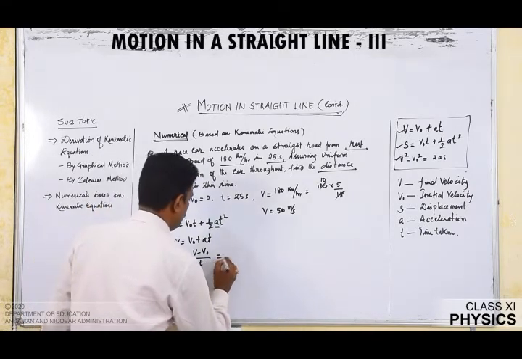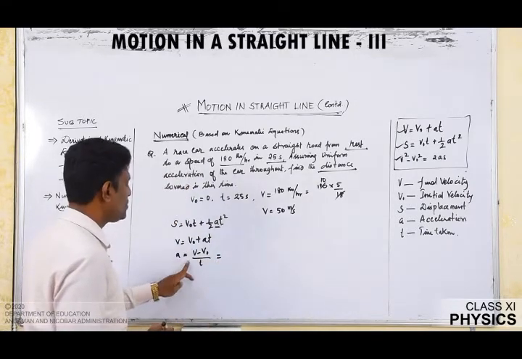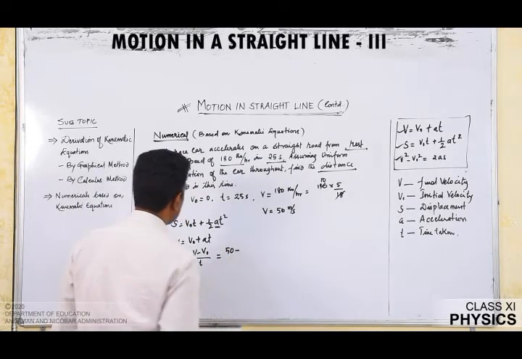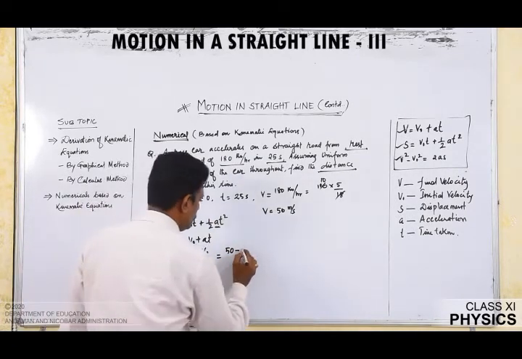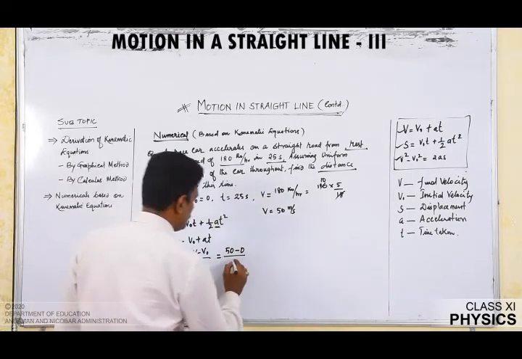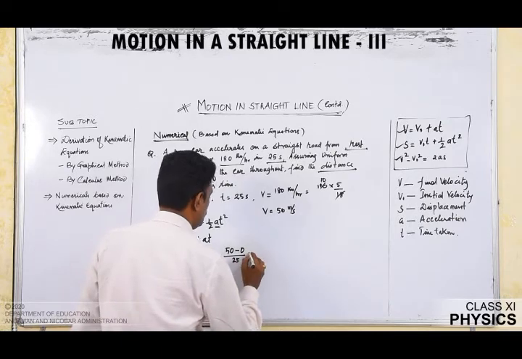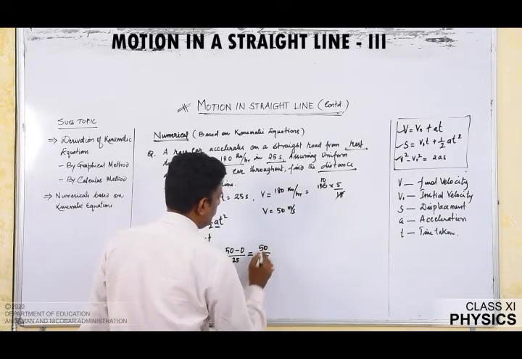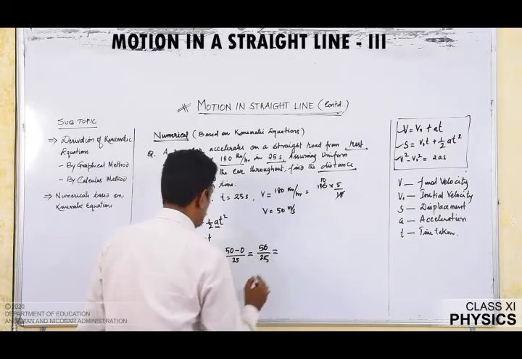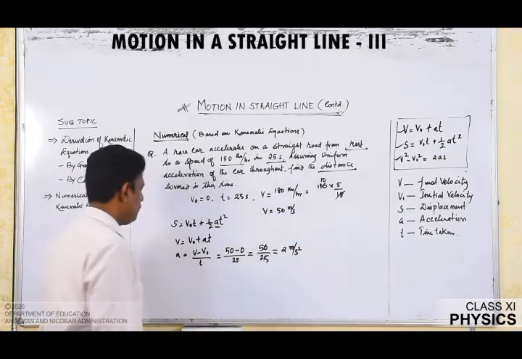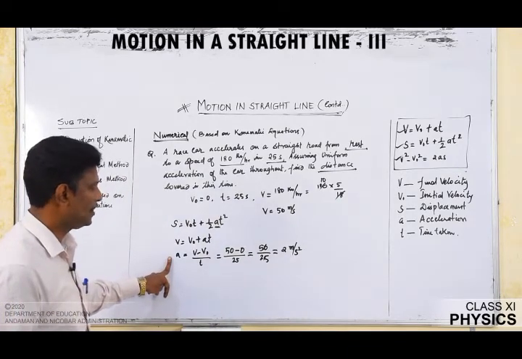Putting the values, final velocity here is 50 meter per second, initial velocity 0, divided by time taken, 25 seconds. It comes to be 50 by 25, that is 2 meter per second square. So, we found the value of acceleration.